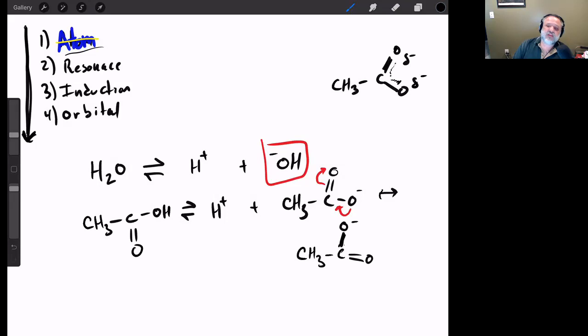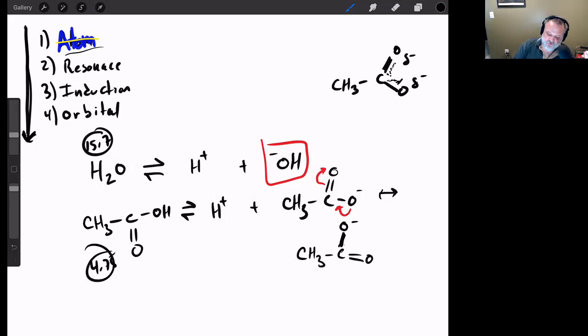This fact that the negative charge and the extra electron is delocalized is what leads to increased stability. And of course, remember, that's borne out by the pKa's, 15.7 versus 4.75. Certainly the carboxylic acid is a stronger acid.